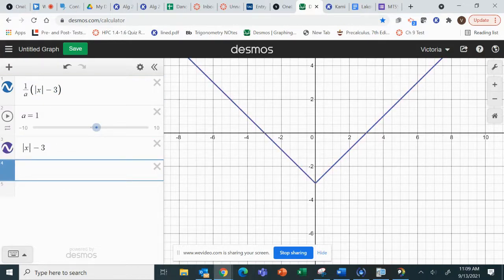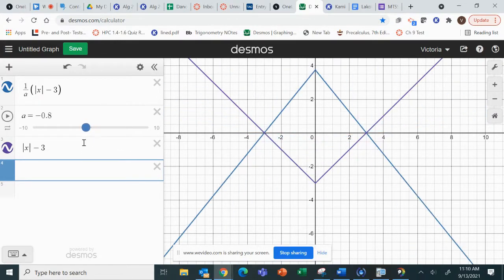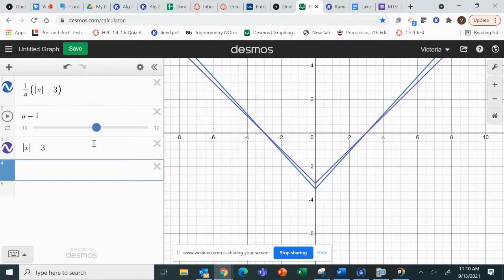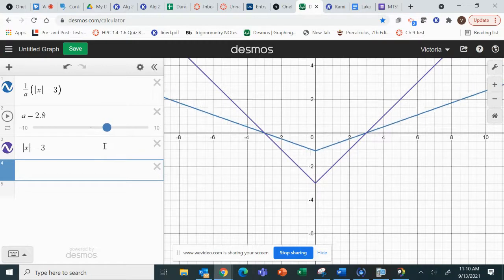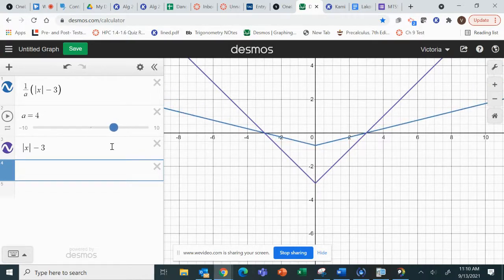Okay, so I'm going to use my slider. And as I change this value, you're going to see how the graph will shrink vertically. You see how it's getting closer and closer to being horizontal? I went too far. It's actually moving the vertex point, that point in the middle, with it, because the whole graph is trying to get closer and closer to horizontal.